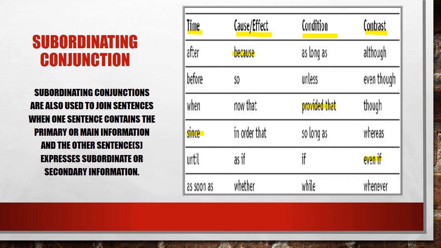Or we could say for cause and effect, because he went to the party late. Condition, provided that she turns her work in on time. Contrast, even if she gets a B. And that's how you can connect different sentences using subordinating conjunctions.